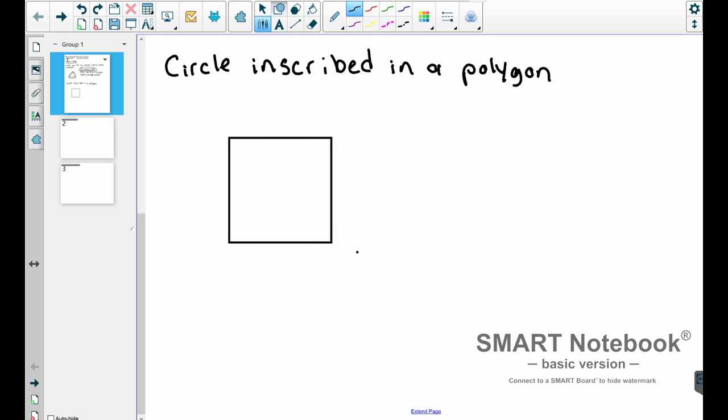Let's drag a circle in here. Maybe move this over. Well, that's almost it. So something like that. Perfect. Well, not quite perfect because it's not touching on that one side. But let's pretend it's touching. Oh, there we go. That is a circle inscribed in a polygon.